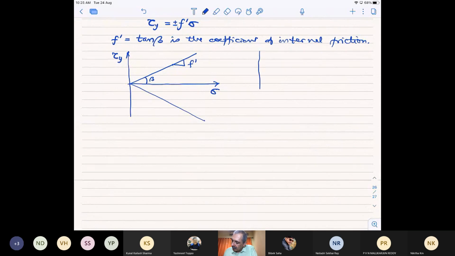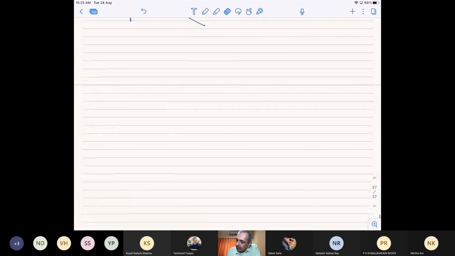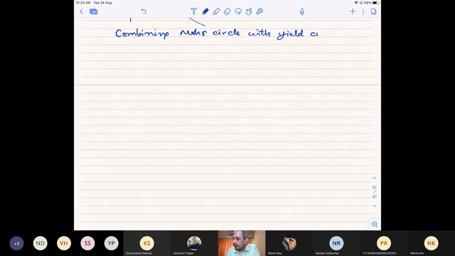I think that's probably better. So if we combine the two, not wasting any paper, I can keep writing more and more. So if we combine the Mohr circle with the yield criterion, then we will just get something like this.